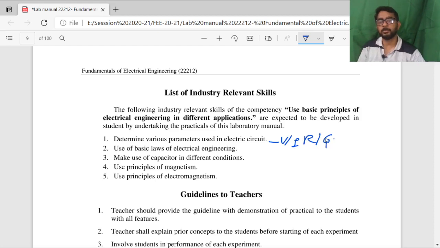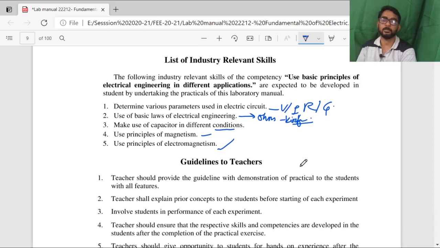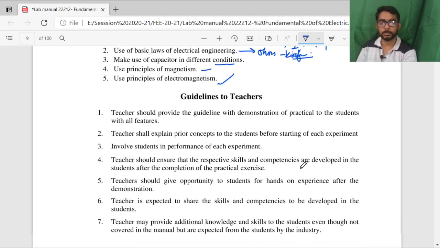Use the basic laws, such as Ohm's law, Kirchhoff's laws and other laws. Make use of capacitors in different conditions. Use the principles of magnetism and electromagnetism. These are some industry-relevant skills that the student will acquire after completing this course.